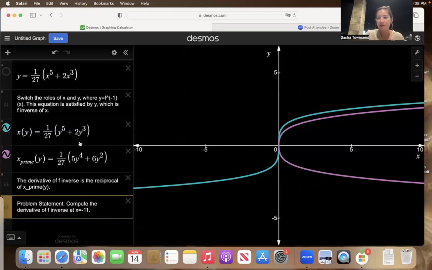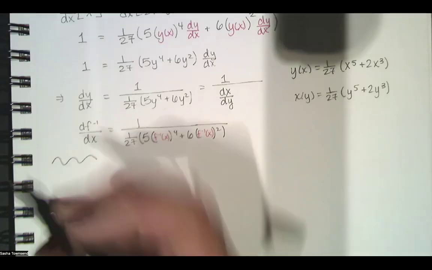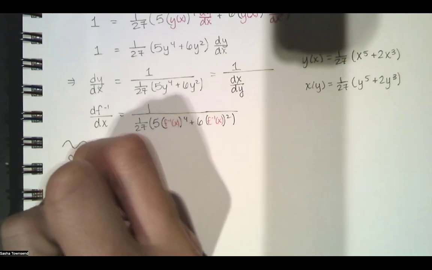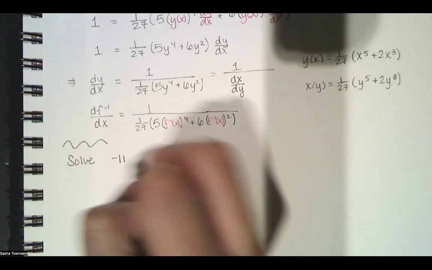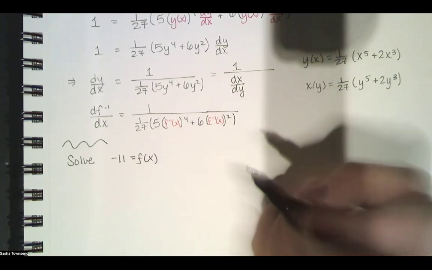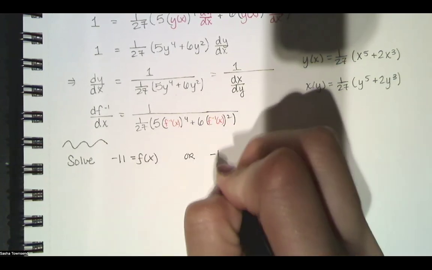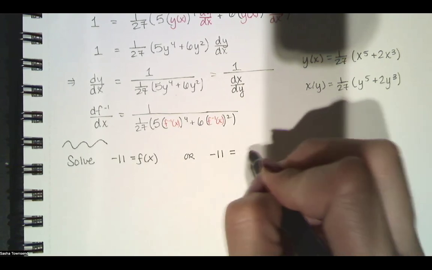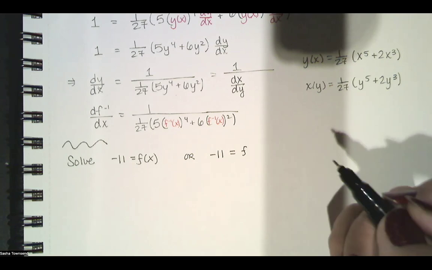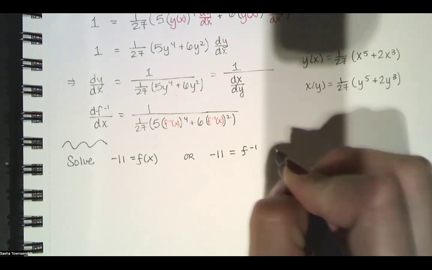Now, we can do that a little bit more systematically than we did on paper, using what's called possible rational roots. Let's do that. So we're trying to solve negative 11 equals f of x, or negative 11 equals, what is that, f inverse of y?